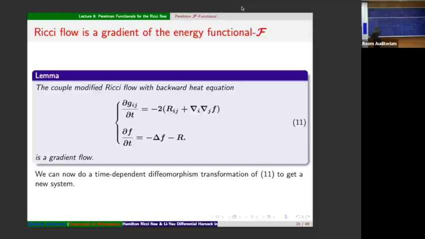So you have this, which is exactly Ricci flow. And this is minus this plus, because you're having this. So when you modulo out the diffeomorphism invariance from here, then you have this.